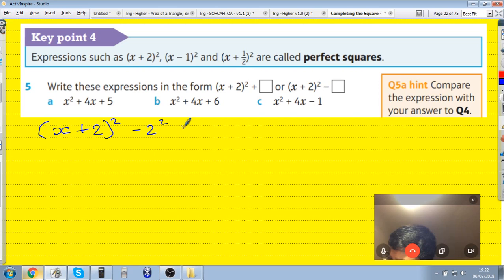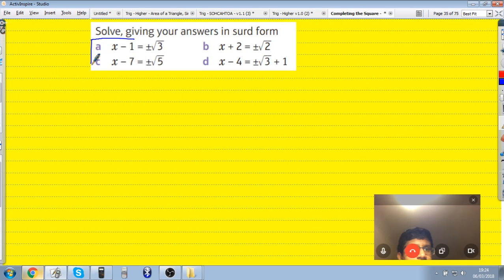Okay, solve each of these. Let's do these two. A and B. So x minus 1 is plus or minus root 3. Actually, let's make it difficult.